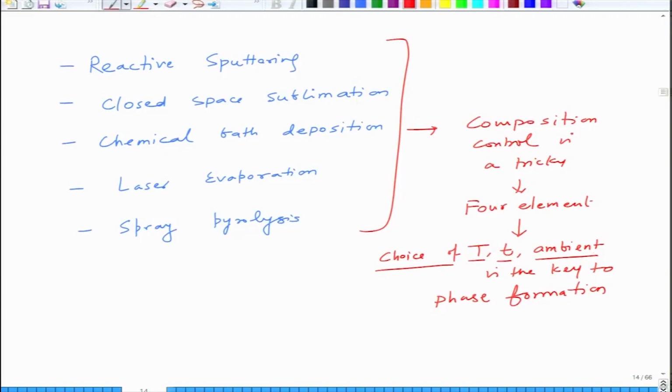And this is where your knowledge of phase diagrams is very important. So, you need to understand, we do not have unfortunately time to go through the details of phase diagrams, but to understand phase diagrams is important. So, we will stop here today.